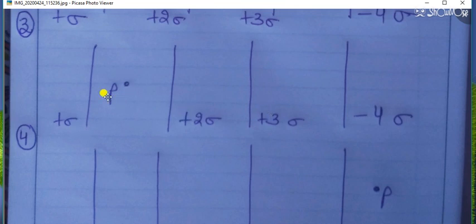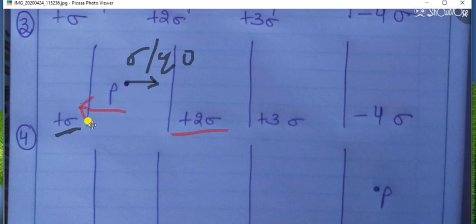At point P, due to this plus sigma, the electric field will be in this direction, and its magnitude is 6 sigma by epsilon naught. I am changing the color now. Due to this plus 2 sigma, the electric field will be in this direction at this point, and its magnitude is 2 sigma by epsilon naught.